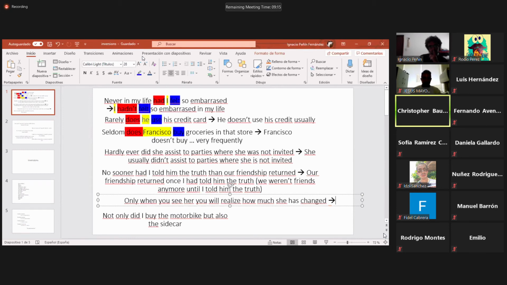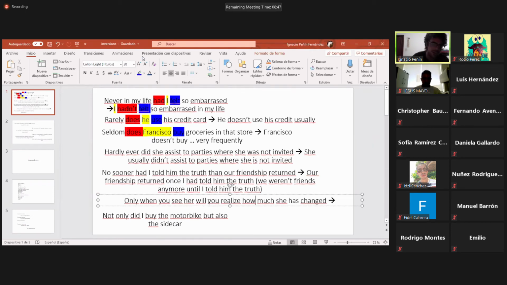You will realize how much she has changed, only when you see her. In the moment you see her, yes. Only when you see her, you. Sorry, I have committed a mistake here. Sorry, the will should be here. Will you realize how much she has changed?